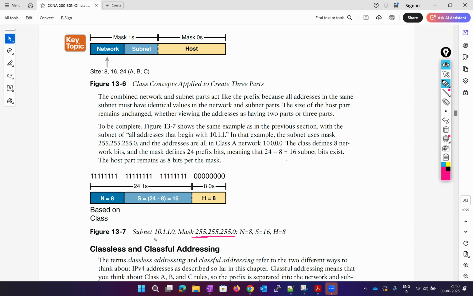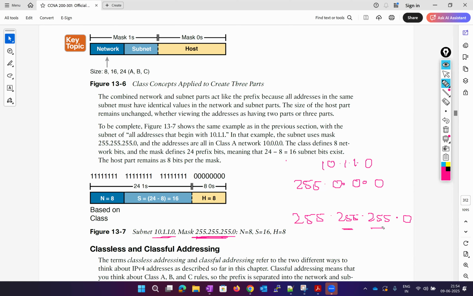For this IP 10.1.1.0, the default address mask should be 255.0.0.0. But you can see this is a classless address mask, where 255.255.255.0 is the address mask.